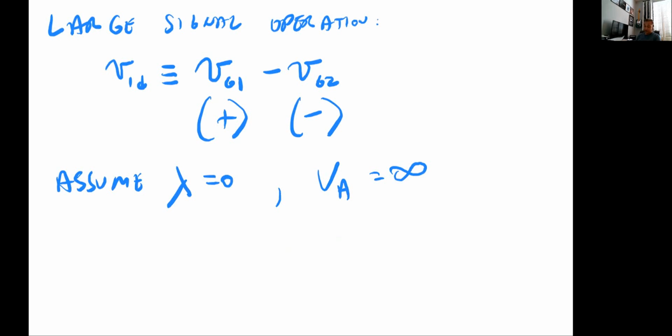And also, for the consideration of this analysis, Q1 and Q2, what we're talking about is Q1 and Q2 operating in the linear region. I've been saying it, but I'm writing it now formally.